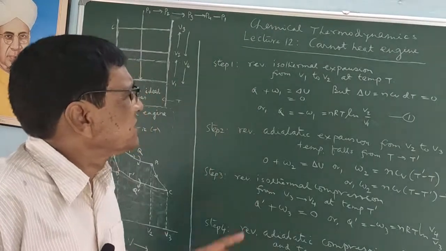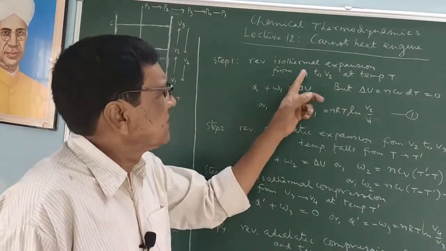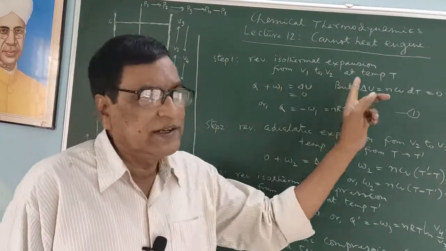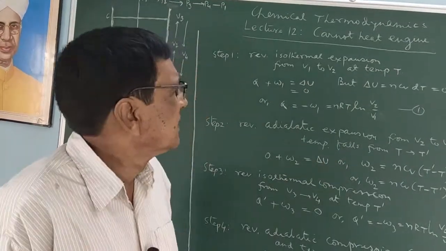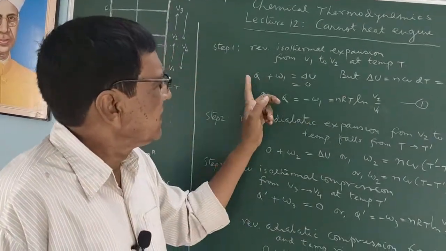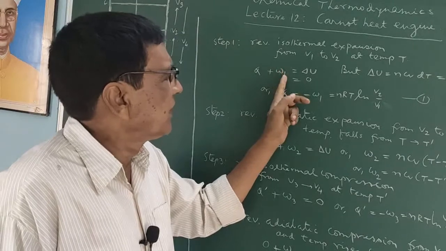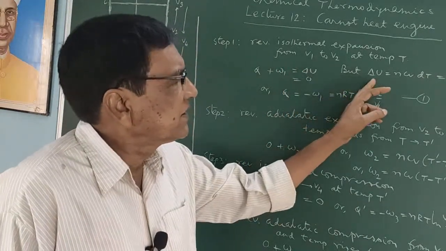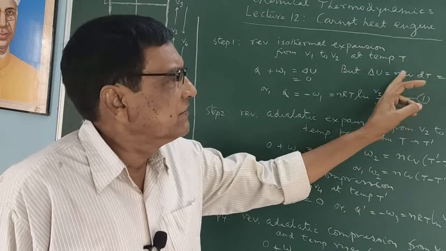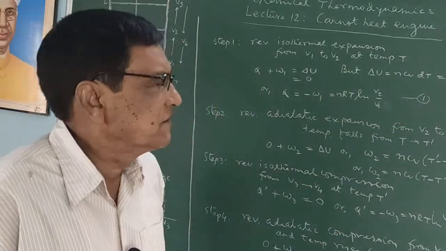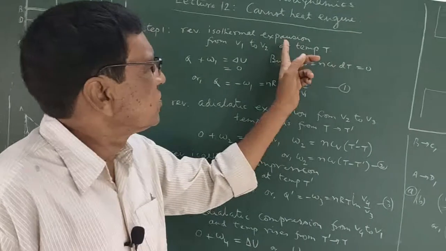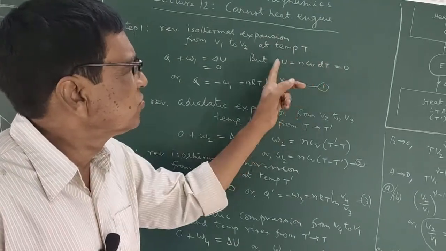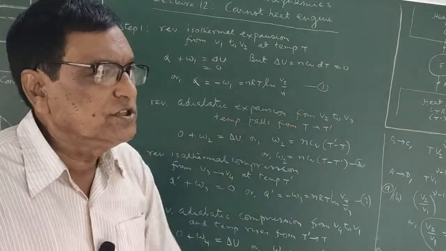So the mathematics: reversible isothermal expansion from V1 to V2 at a constant temperature T. The first law: Q plus W1 equals delta U. But delta U equals nCvdT for n moles of this ideal gas, and since temperature is constant, dT equals 0, so delta U equals 0.